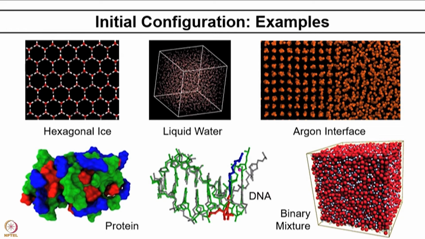Once I get the equilibrated structure, I start studying the properties of the protein. The same we do in DNA or binary mixtures. So this explains the steps of initial configuration, equilibration, production, and then the analysis of the trajectory.